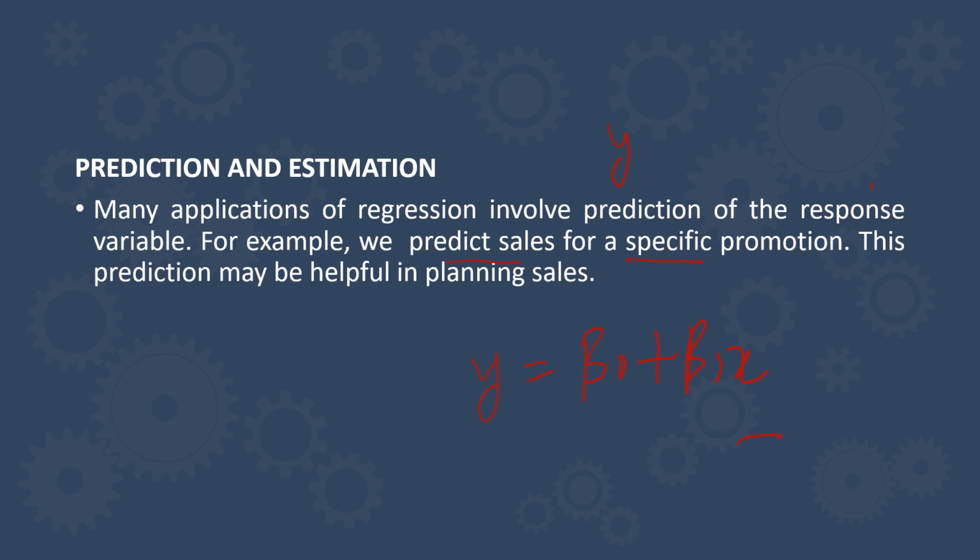This could help the business plan more effectively, allocate resources more wisely and make better decisions. In summary, regression allows us to make predictions that are valuable for planning and strategy.